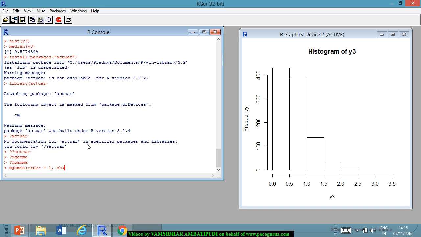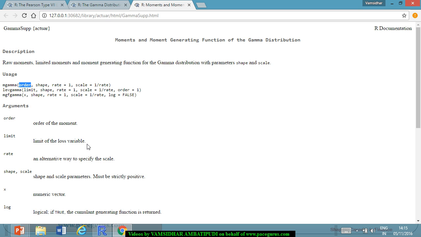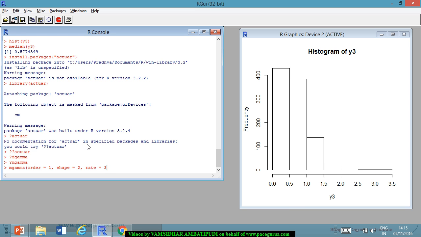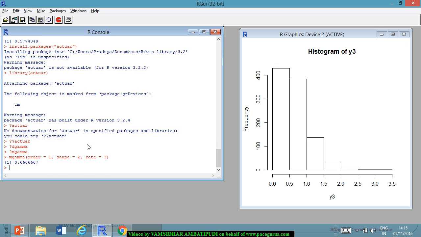Order equal to 1, shape equal to 2, rate equal to 3. We know the formula, alpha by beta, but we can check it. It comes out as alpha by beta, 2 by 3. The first moment is 2 by 3 for this gamma distribution.